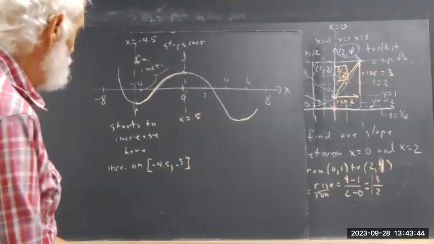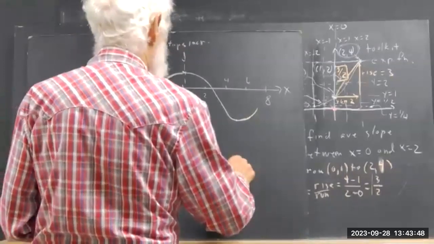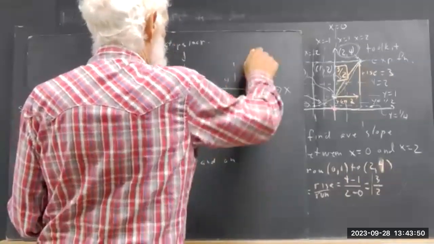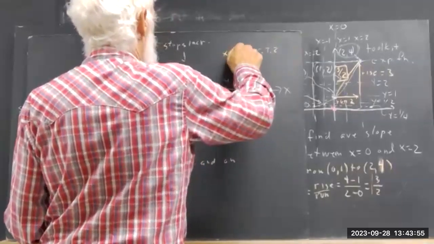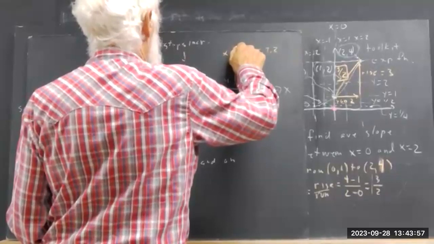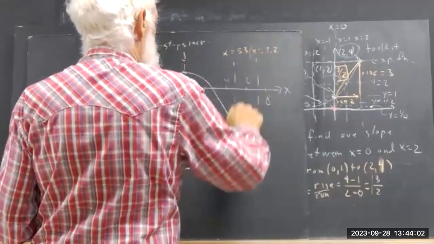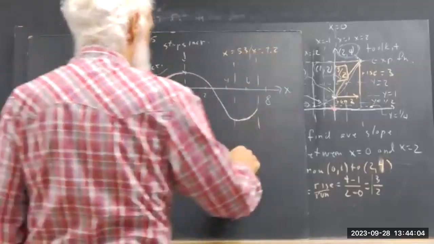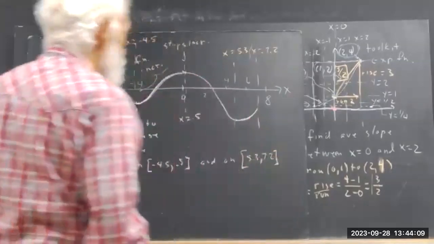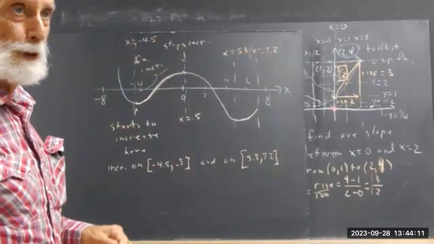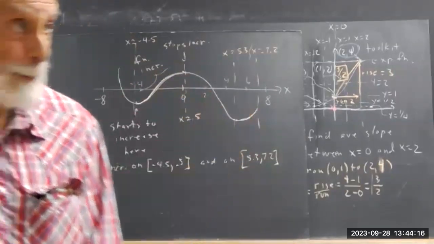So, and then on x equals 5.3 to x equals 7.2. And then I'll bet you can give me one interval where it's decreasing. Yeah, it's decreasing from here to here. Okay.